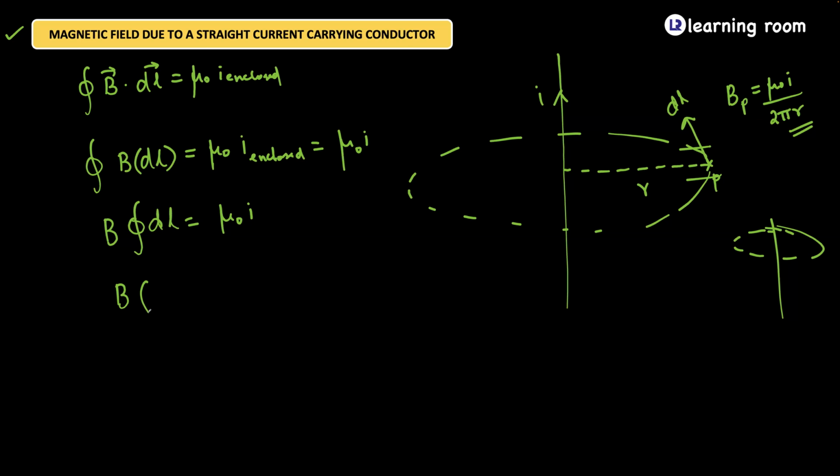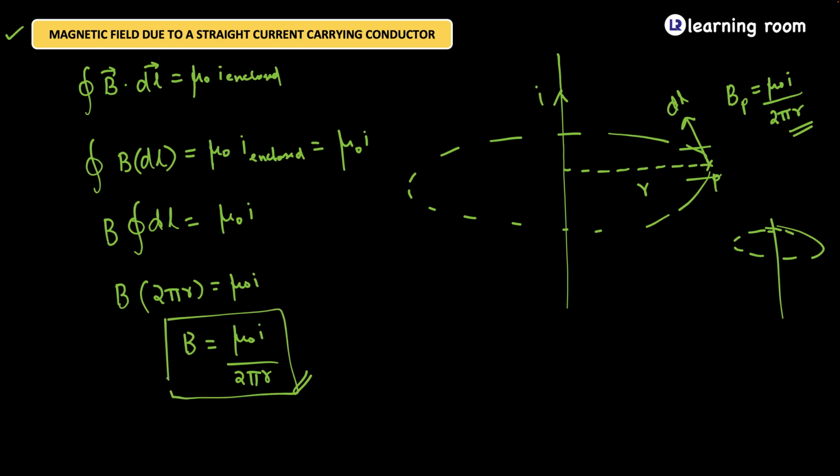I'll get the circumference of that Amperian loop. What is the circumference of it? It is going to be 2 pi r, which is equal to mu naught into I. So what is going to be the value of B? The value of B in this case is going to be mu naught I divided by 2 pi r itself. So this is going to be the final result. Right? So I can make a note of it.